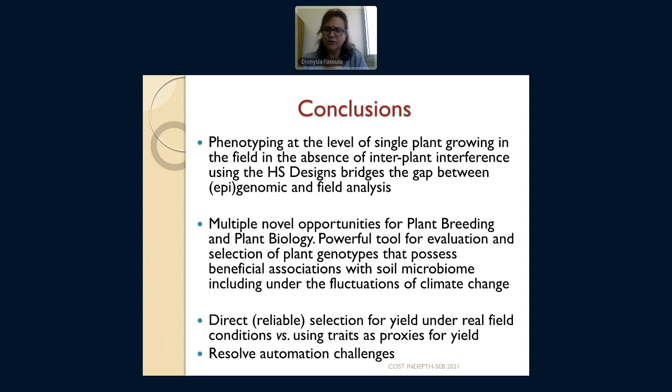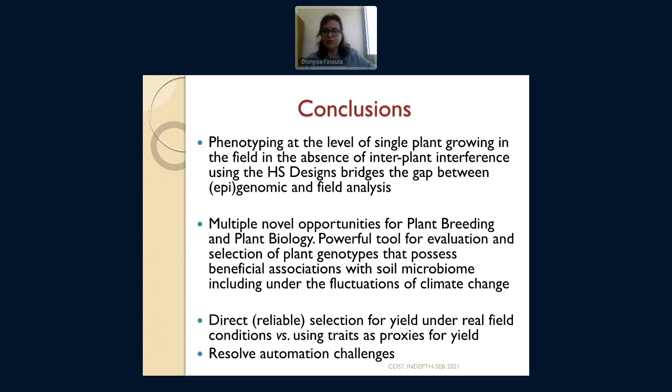There are multiple novel opportunities for plant breeding and plant biology. It's a powerful tool for evaluation and selection of plant genotypes that possess the capacity to form beneficial associations with soil microbiome, including under the fluctuations of climate change.